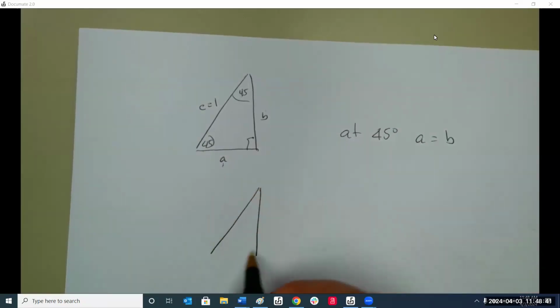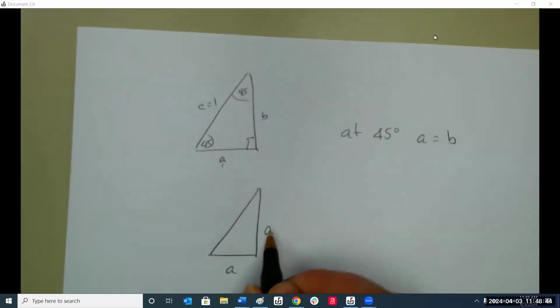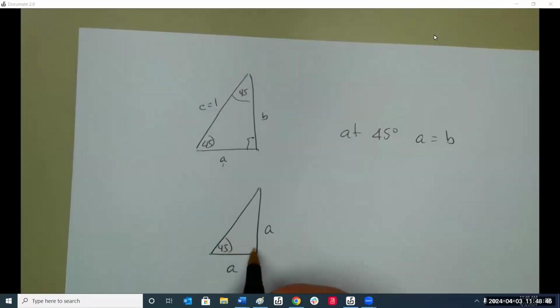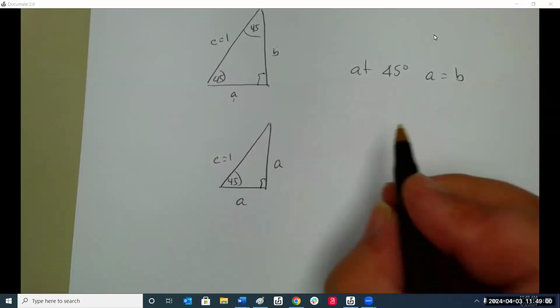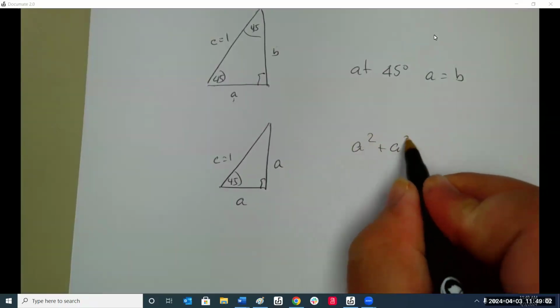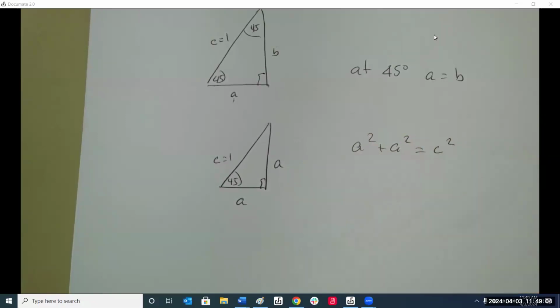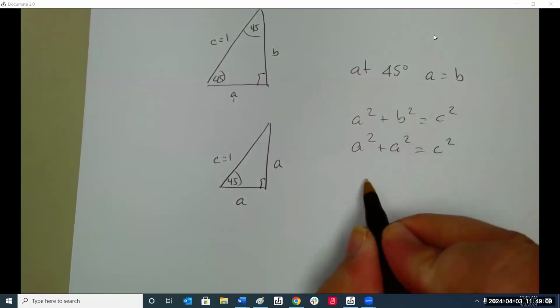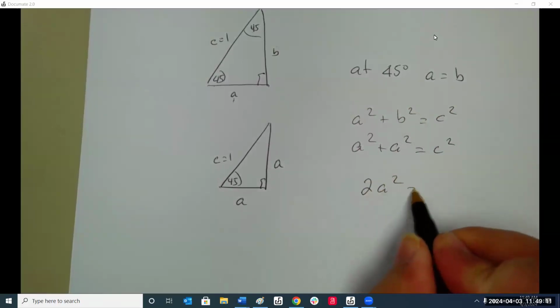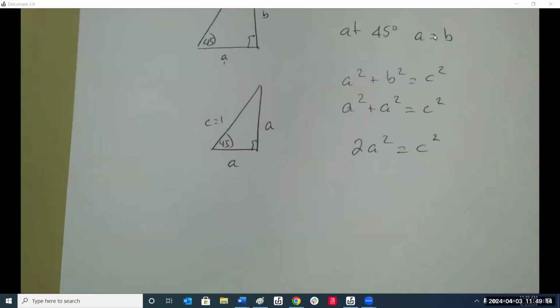Now what's that going to give us? A squared plus A squared equals C squared, or A squared plus B squared equals C squared. So we have 2A squared equals C squared.